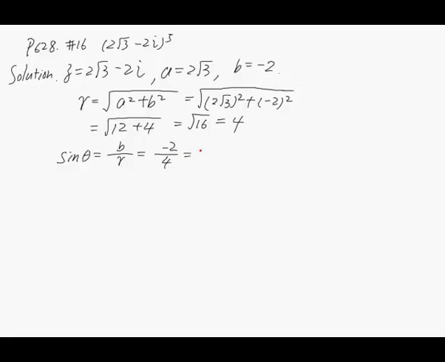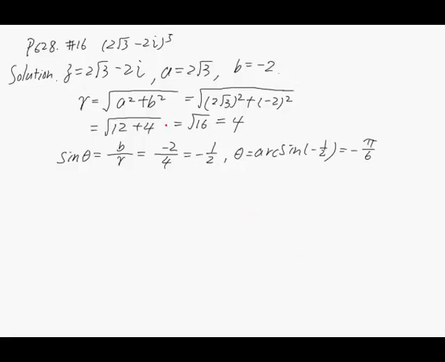So you got negative 1/2. Then theta, we can take as the arcsine of negative 1/2. And we know this is equal to negative pi over 6. So the argument can take a negative angle.